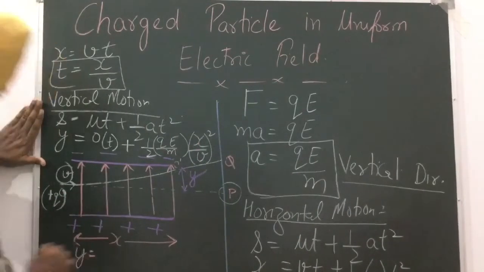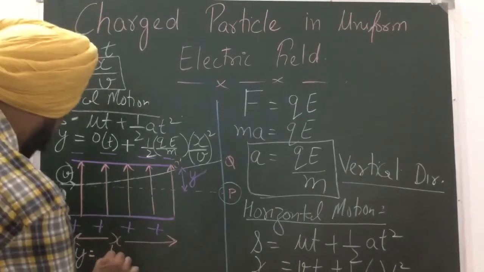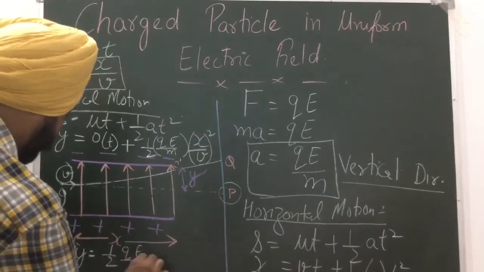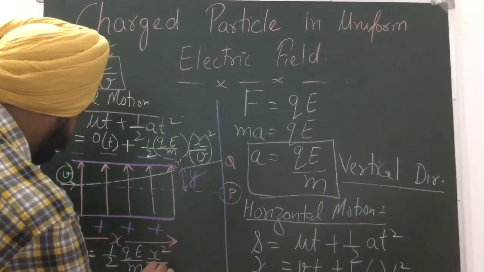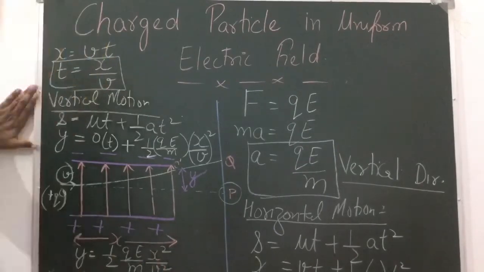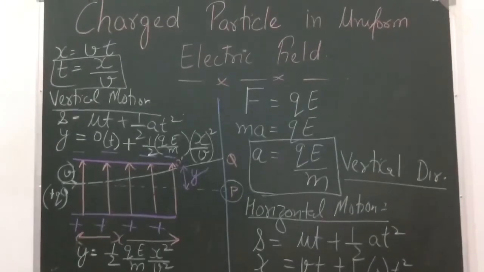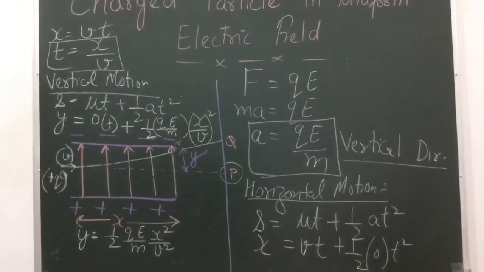So I would be writing it over here. y is equal to 1 by 2 QE by m x square by v square. So this is what we are going to get from the vertical motion. One thing is very clear from this equation.